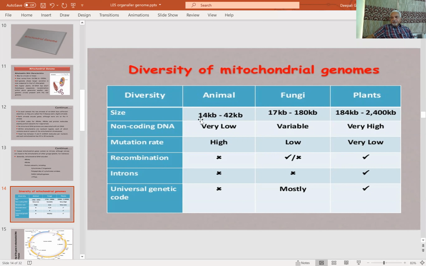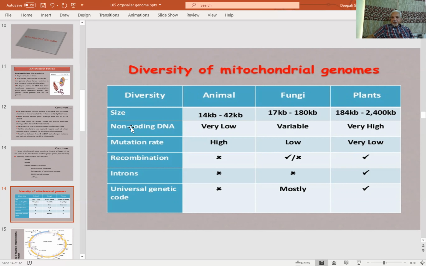In animals, the size of the genome varies from 14 kb to 42 kb, whereas in plants, it is 184 kb to 2004 kb. So that's the variation in mitochondrial genome size. And in between you have fungi, where it varies between 17 to 180 kb.